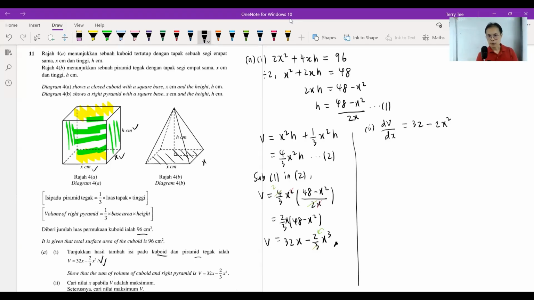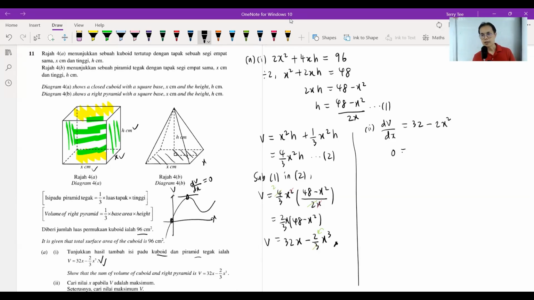Now remember, if I were to sketch the graph of V versus x, you will have a shape something like this. It's not a quadratic, actually it's a cubic that passes through O. I don't know the subsequent part, but one thing for sure, at this point the gradient, or keturunan, dV/dx must be 0. At the maximum or minimum, the gradient is 0.